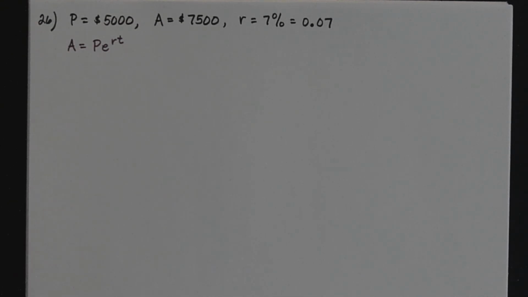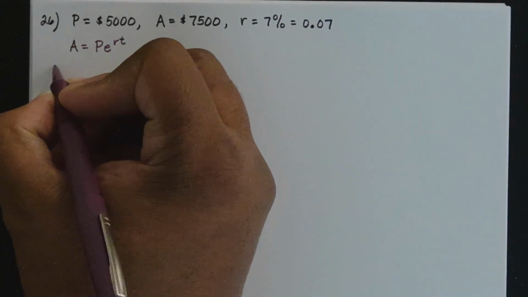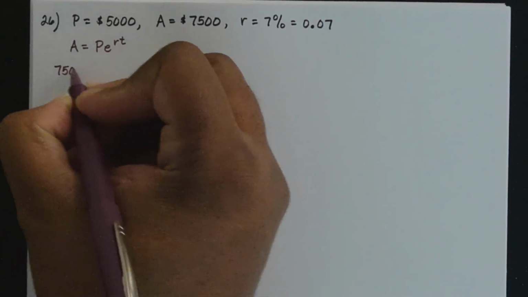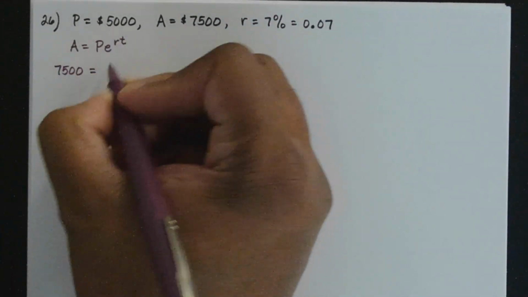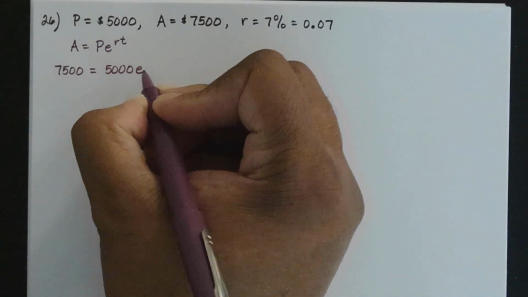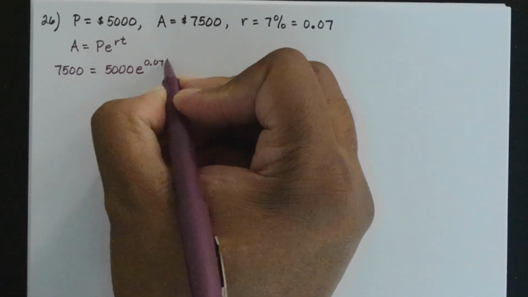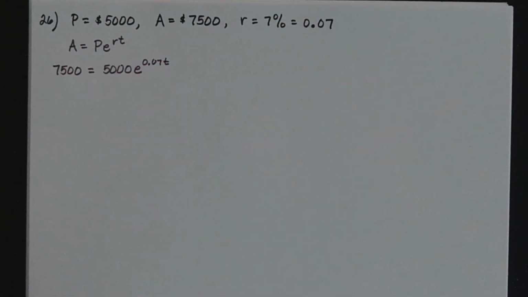Now let's substitute into this formula. Your A is $7,500. That's equal to P, which is $5,000, times e to the R, that's 0.07, times t. So that's our exponential equation that we will use here.